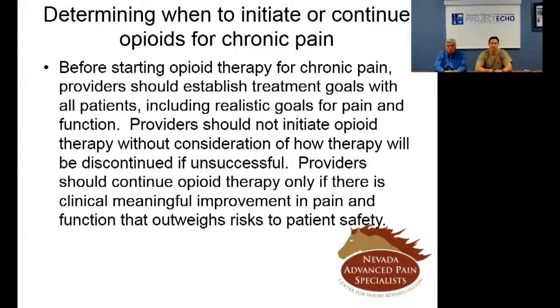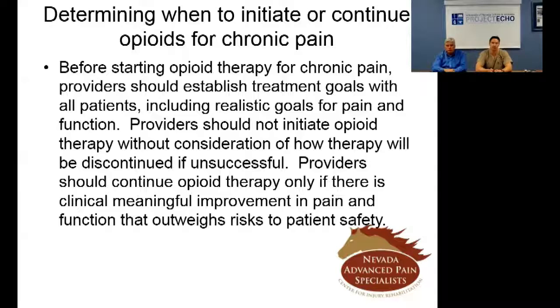Perfect. Moving on to the second recommendation from the CDC. They basically said that before starting opioid therapy for chronic pain, providers should establish treatment goals with all patients, including realistic goals for pain and function. Providers should not initiate opioid therapy without consideration of how therapy will be discontinued if unsuccessful.